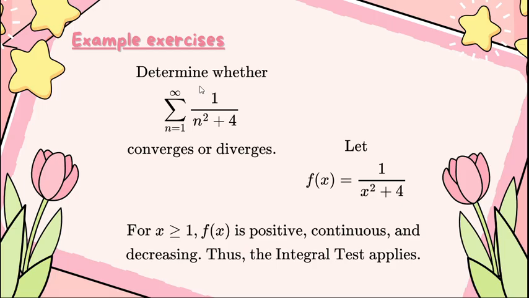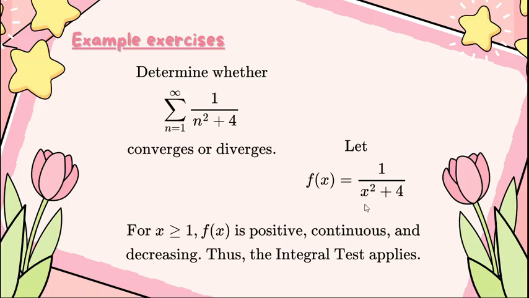Determine whether the summation from n equals 1 to infinity of 1 over n squared plus 4 converges or diverges. We let f of x equal 1 over x squared plus 4. So we turn this series into a function. For x greater than or equal to 1, our function is positive, continuous, and decreasing.